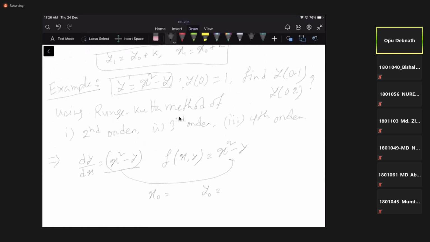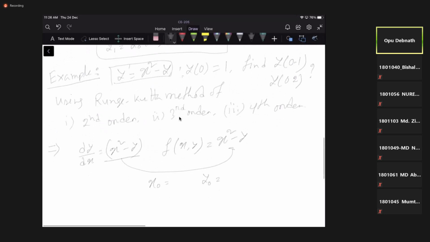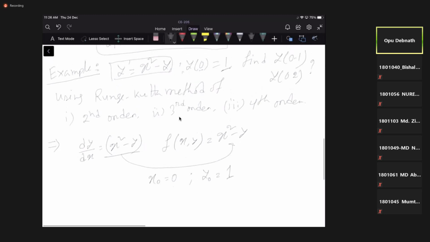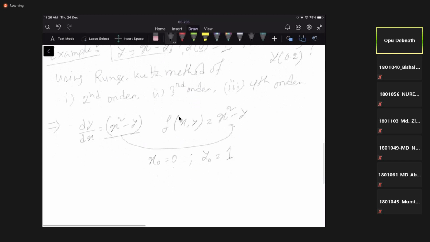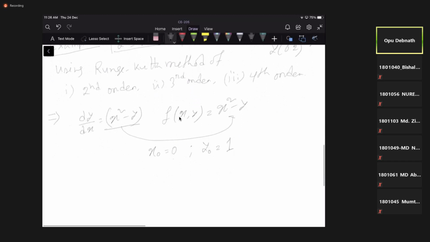That means y0 is equal to 1, at x equal to x0, that means x is equal to 0. So at x0 is equal to 0, the corresponding y0 value is 1. Another thing we need to approximate is the h value, the equal interval.